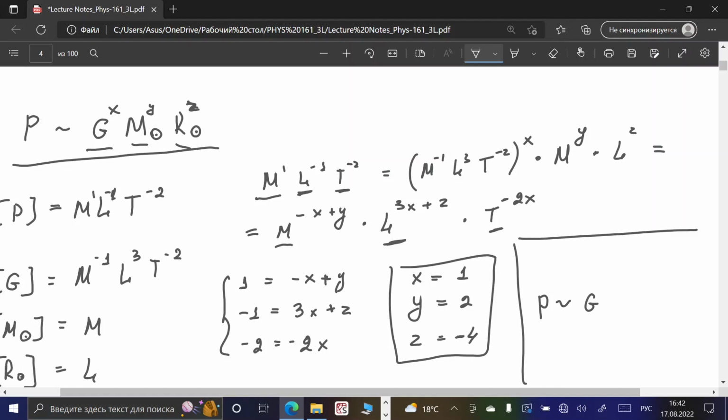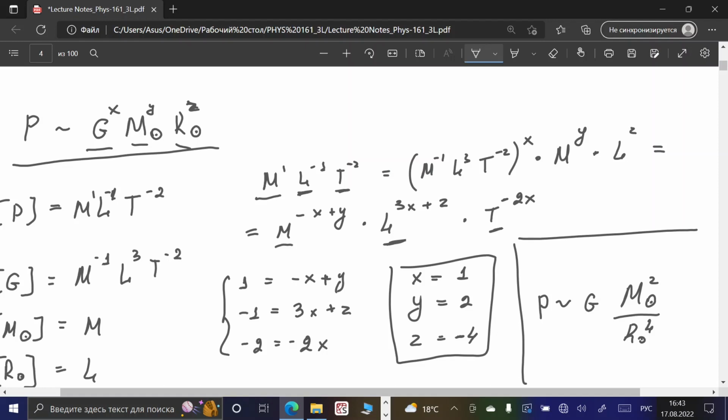Then we have mass of the star in power 2, and radius of the star in power minus, well, actually it's -4, so we just put it in the denominator. So that is our final equation, which we get from dimensional analysis.